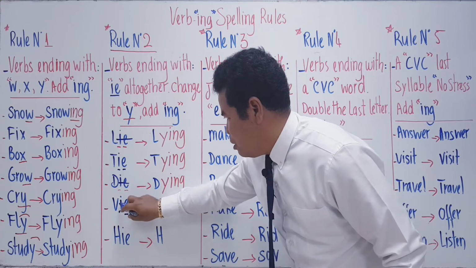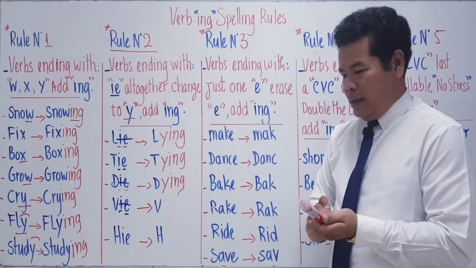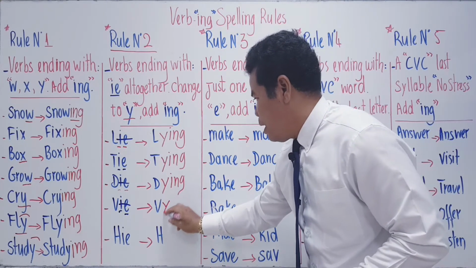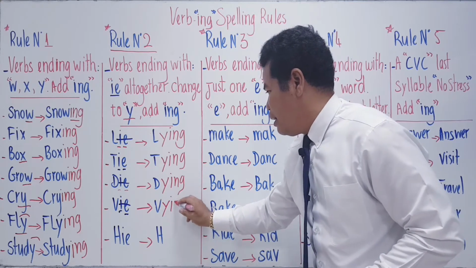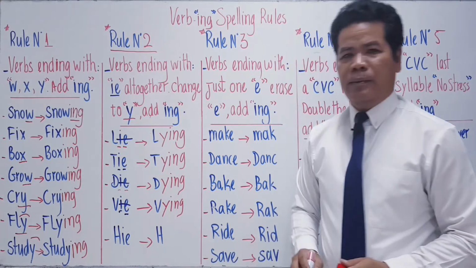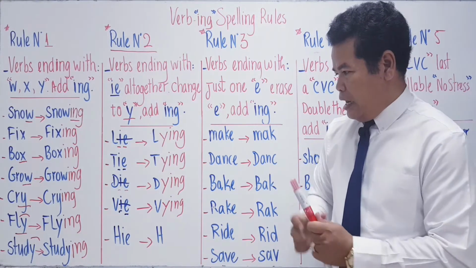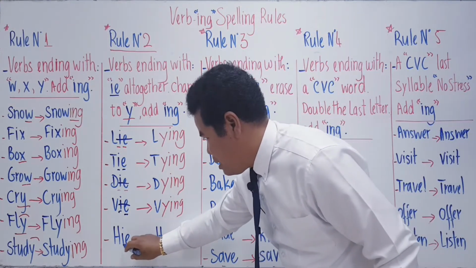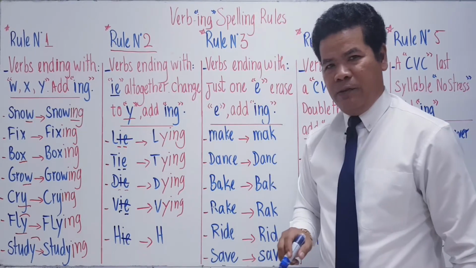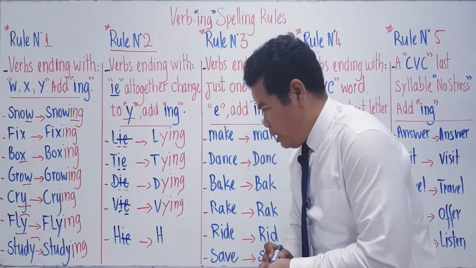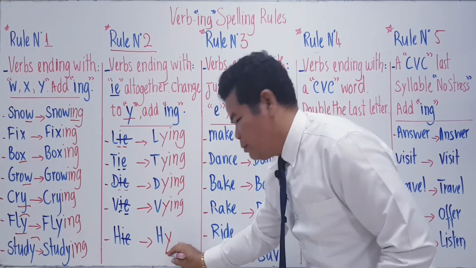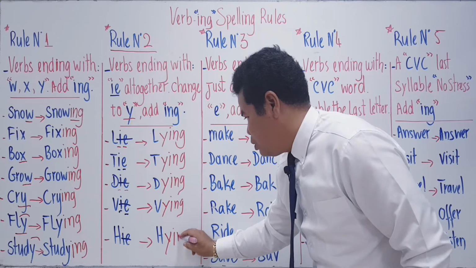IE. So erase IE and change it to Y and then plus ing. Vying. How about lie? Also the same. IE. Erase it. Change to Y plus ing.